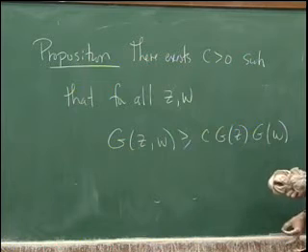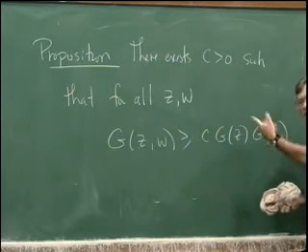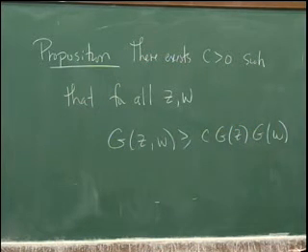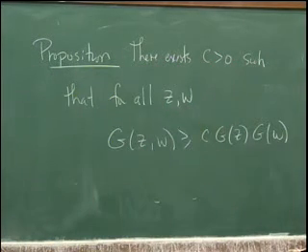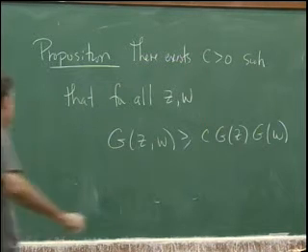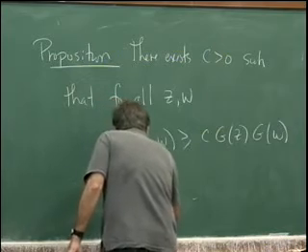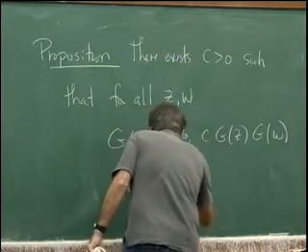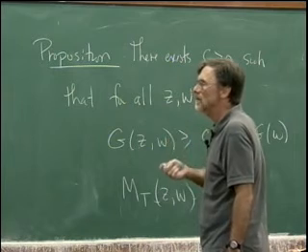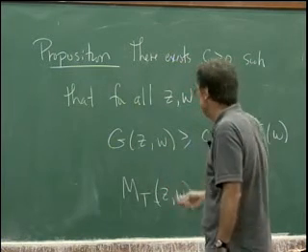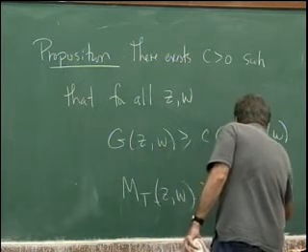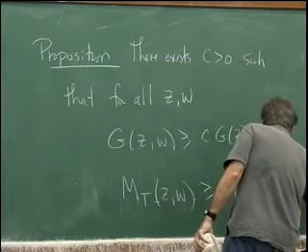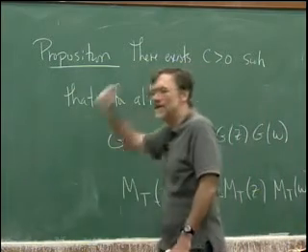But in that case, the chance of going to z, then w works. So with this proposition, we get that M_t(z,w) is greater than or equal to M_t(z) M_t(w), with maybe a constant.